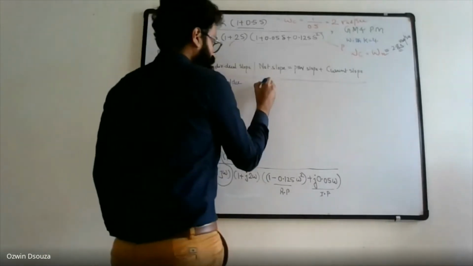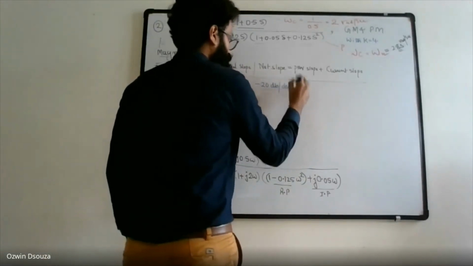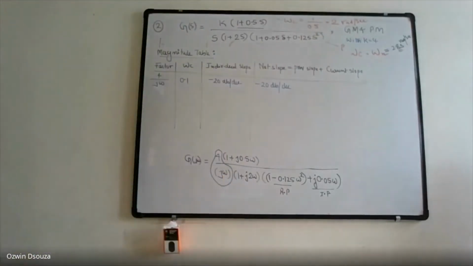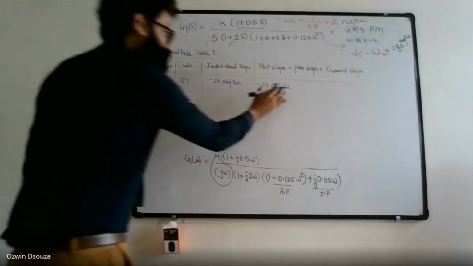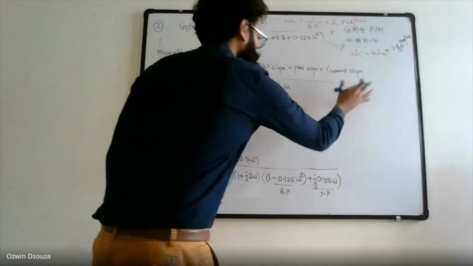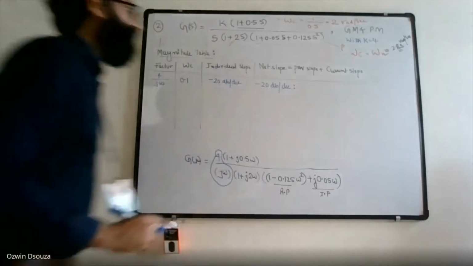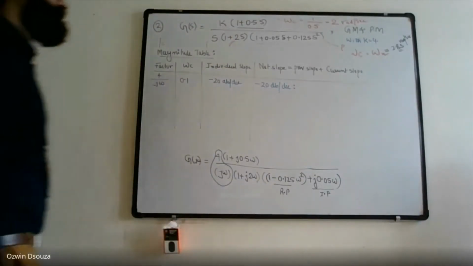Therefore, the net slope is minus 20 decibel per decade because there is no previous history. Let me keep it there, and draw the remarks some time later.